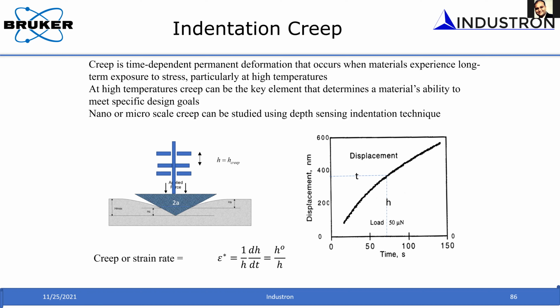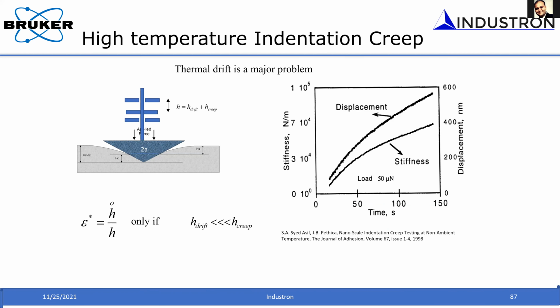But if you use a dynamic measurement technique where you measure the stiffness response as a function of time instead of displacement response as a function of time, it gives you an edge over thermal drift. Now, you're not monitoring the depth of penetration, but you're continuously monitoring how the contact stiffness is changing, or how the contact size is changing as a function of time.